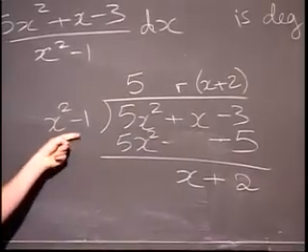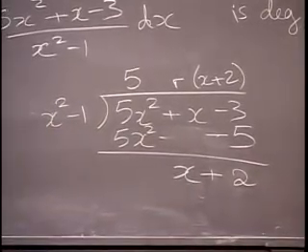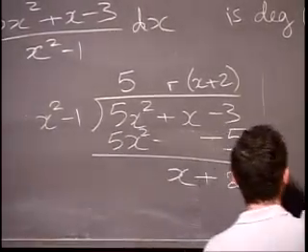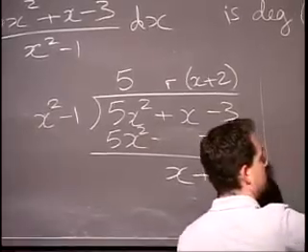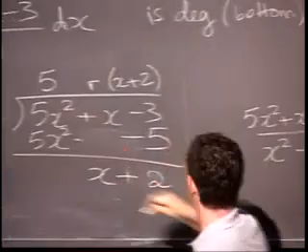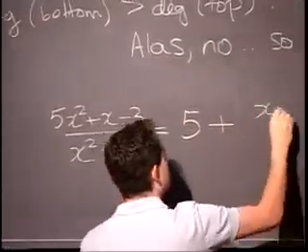How many times does x squared minus 1 go into x plus 2? It doesn't. So what does this mean? This means that 5x squared plus x minus 3 over x squared minus 1 is equal to 5, that's the quotient, plus the remainder over the original denominator.